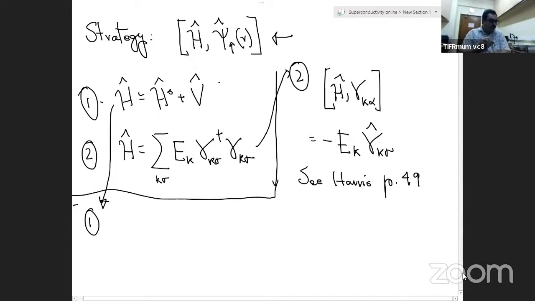Now when I use 1, I have a first term which will come from the unperturbed part, and then I have a second term. So let's go one by one. H naught, I have to calculate this commutator.